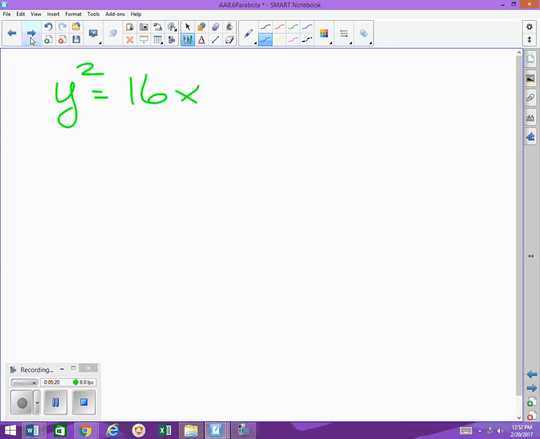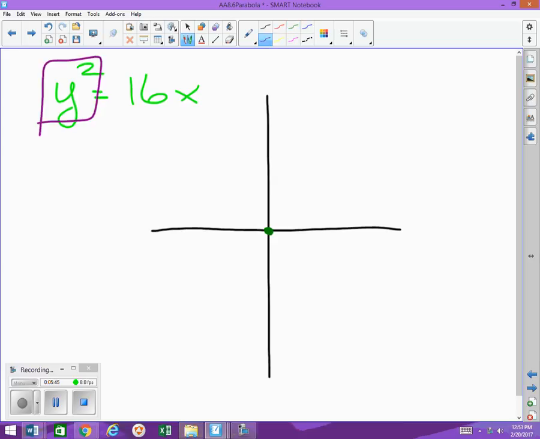All right, so here's our first one. It's y squared equals 16x. We know now that the center is going to be at 0, 0. Since it is y squared, it's going to be either this type or that type.